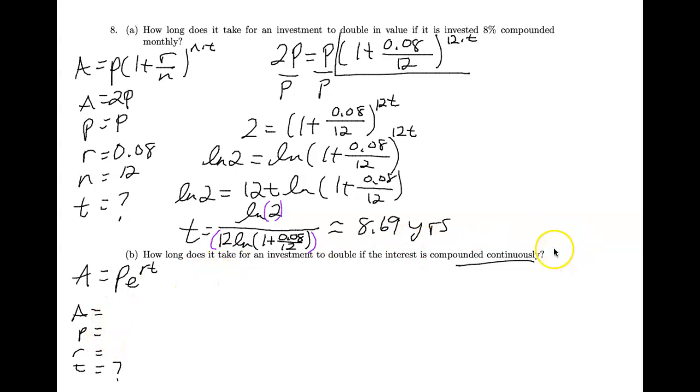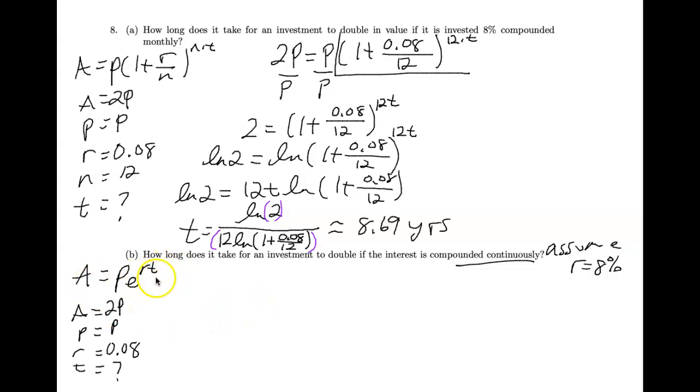We're assuming it's the same r. Sorry, not a clear problem. Assume r is still 8%, so you want to change that to a decimal. We're trying to double, so this P will just keep as P, and A is 2P.